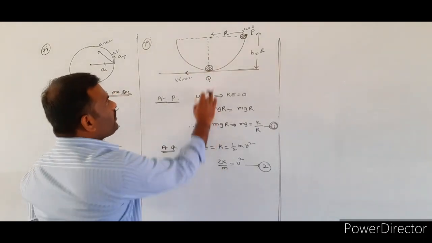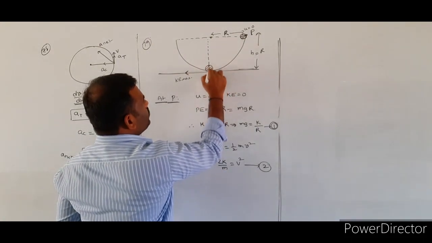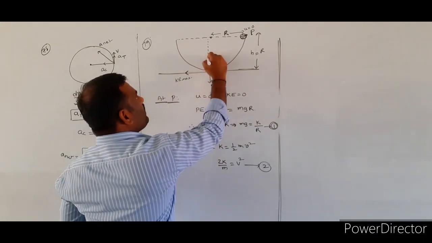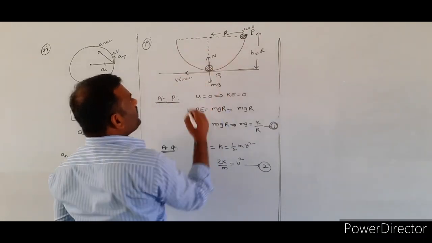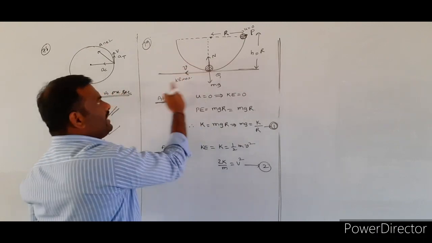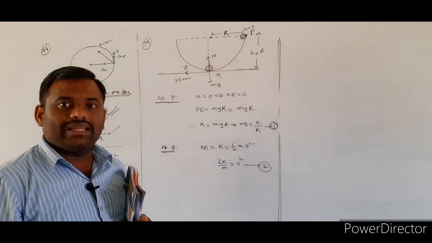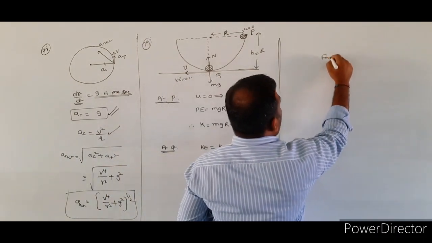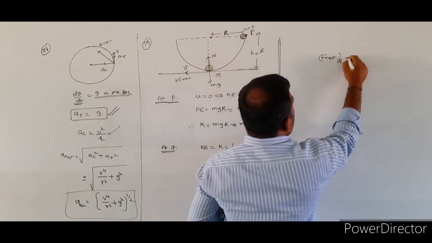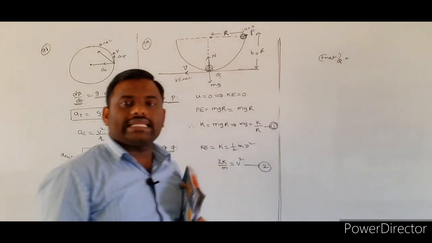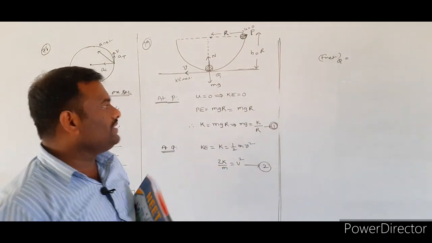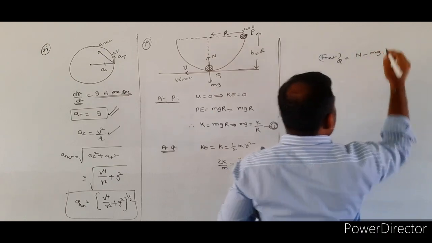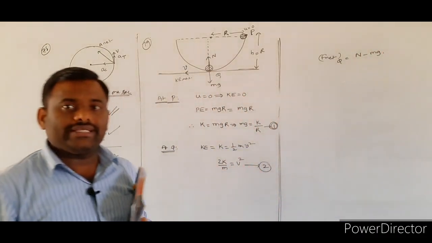If you draw the free body diagram, at the point Q, weight mg will be acting in the downward direction. Normal reaction will be acting in the upward direction. If v is the velocity of the object, then the net force acting on the ball at the point Q is equal to N minus mg.